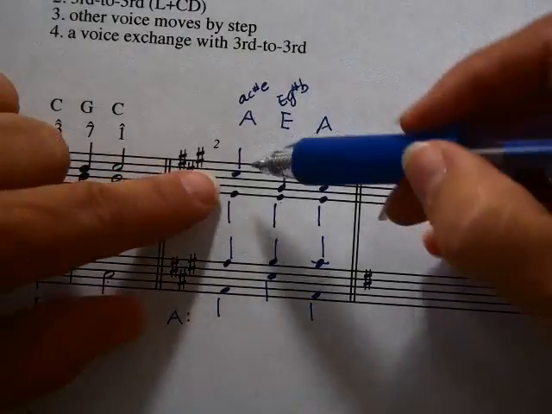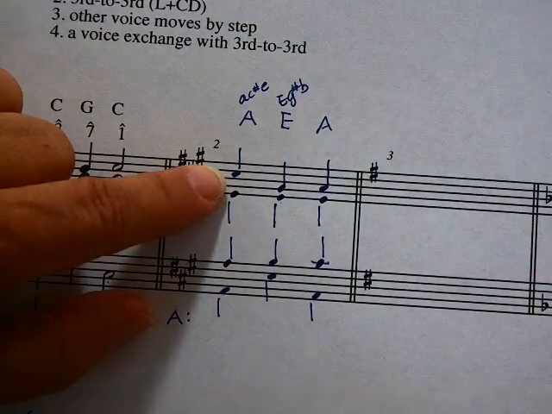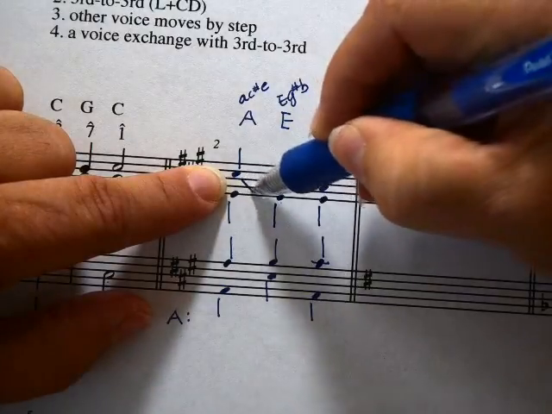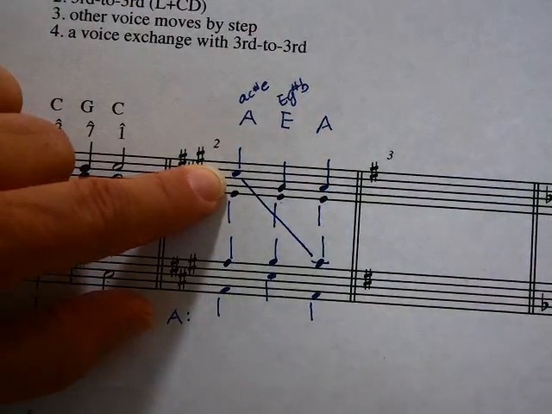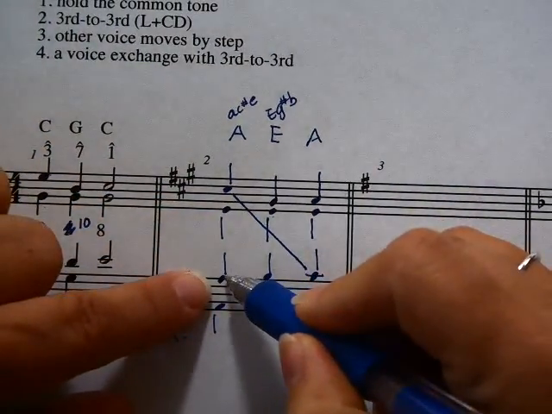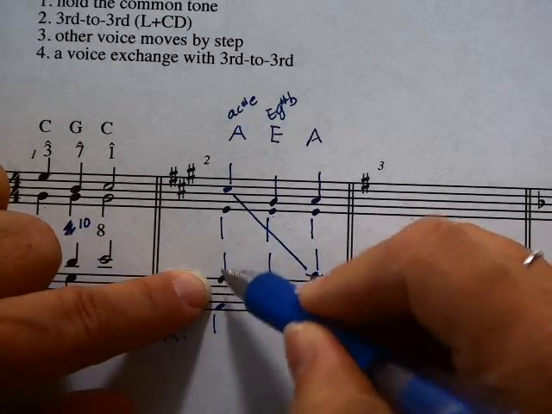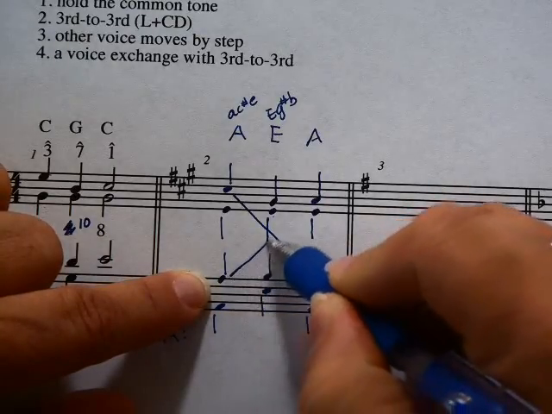Notice that the C sharp that started in the soprano transferred to the tenor. From the tenor, the root of the chord, the double root, transferred from the tenor to the soprano.